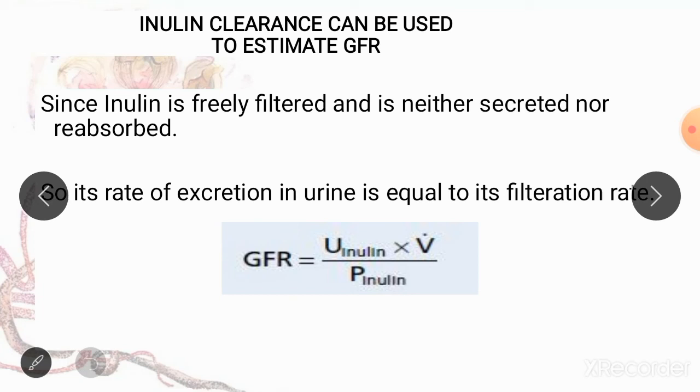Now for every kidney disease, GFR is a very important parameter and it is calculated for every renal disease, and mostly inulin is used to calculate the GFR.